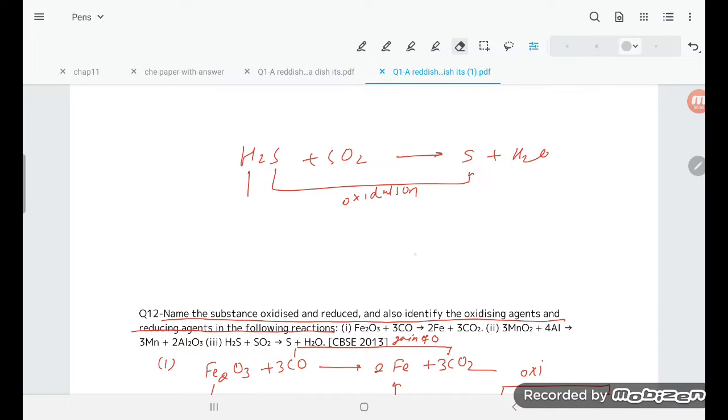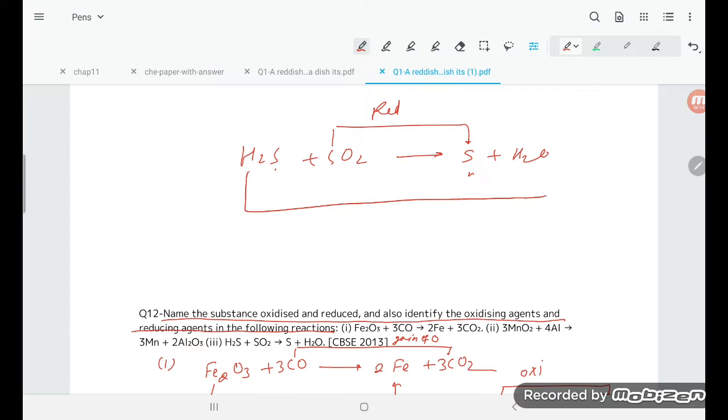Otherwise, this reaction is quite difficult, because if you go from this S to this, it is going to be reduction. And if you see the other one, this hydrogen is added with the oxygen, so this is going to be oxidation.